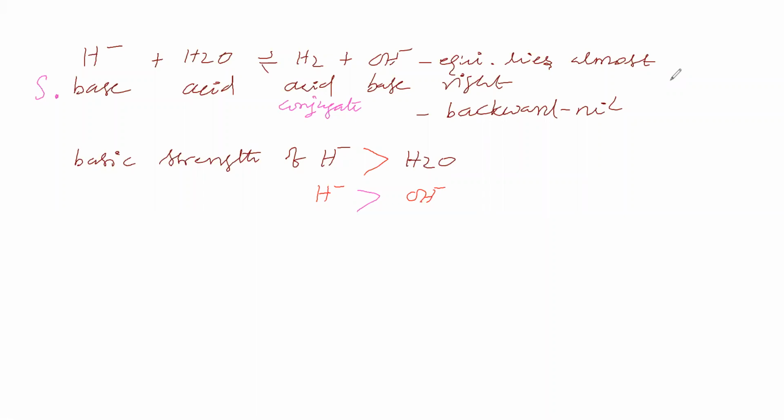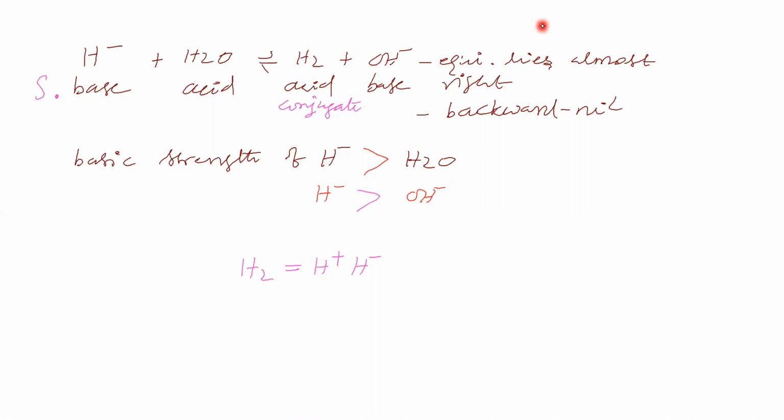Now we will see this hydrogen, which we are writing as H plus and H minus. You see that this OH minus is unable to convert into water because there is no backward. That means OH minus is unable to take H plus from hydrogen.